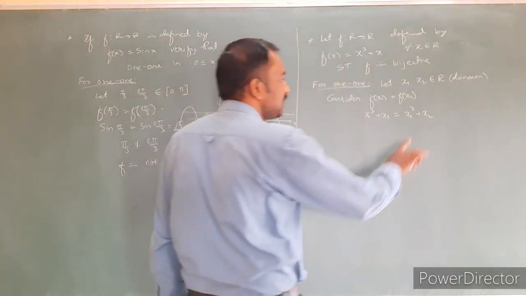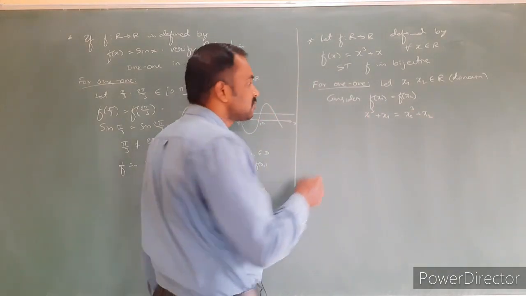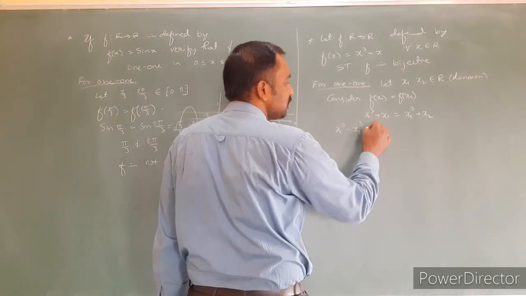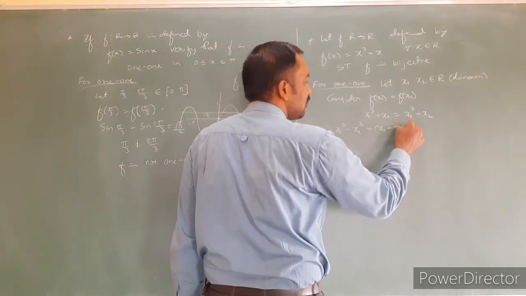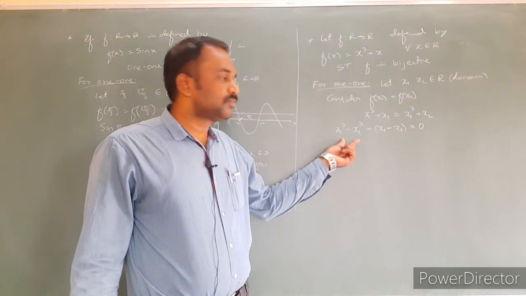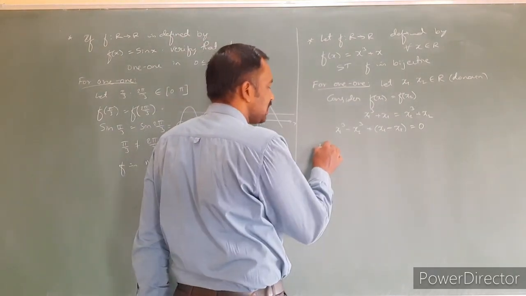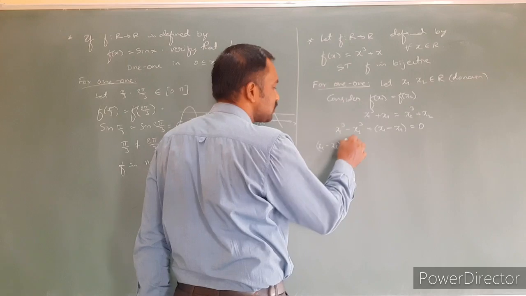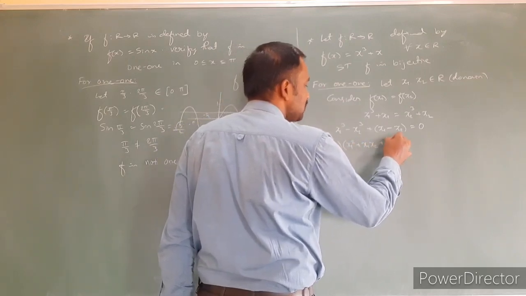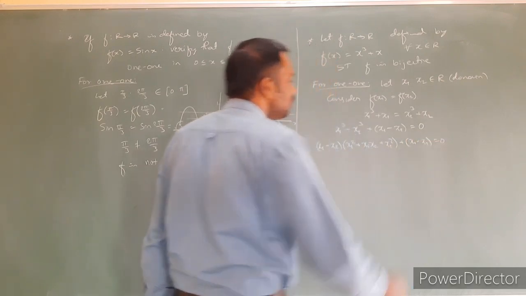Now what can we write? We cannot directly cancel, so take all the right hand side terms to the left hand side. x1 cube minus x2 cube plus x1 minus x2 is equal to 0 on the right hand side. Here it is of the form a cube minus b cube. A cube minus b cube means we can write x1 minus x2 into x1 square plus x1 x2 plus x2 square, plus x1 minus x2 is equal to 0.